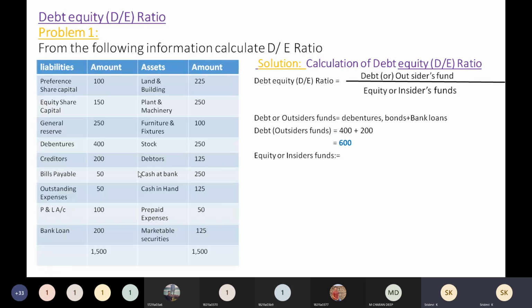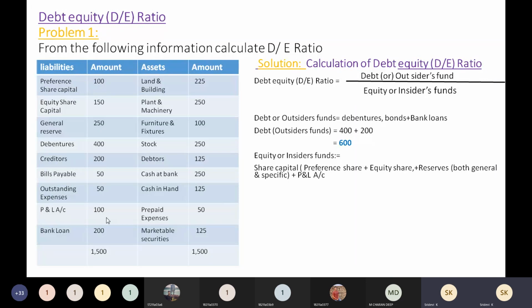So insiders funds means what are the things that we can take here. Check here. Preference capital is there, equity capital is there, and general reserves are given, right? And also the profit and loss account is included here.